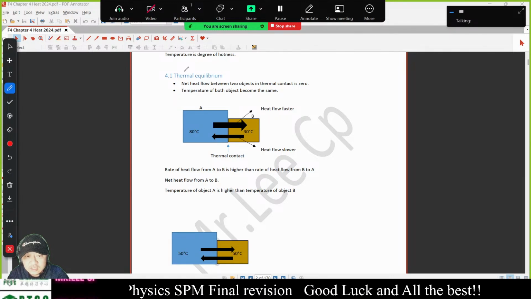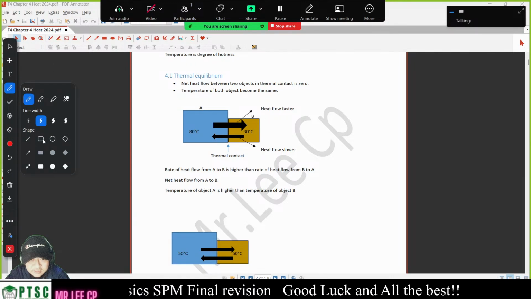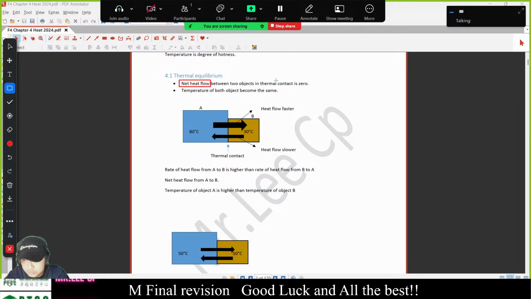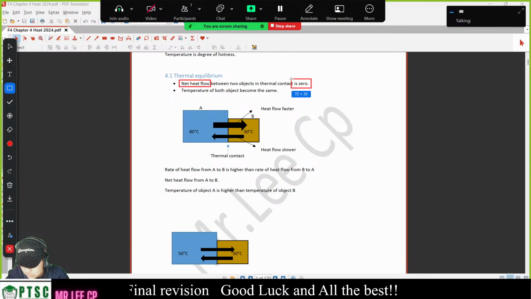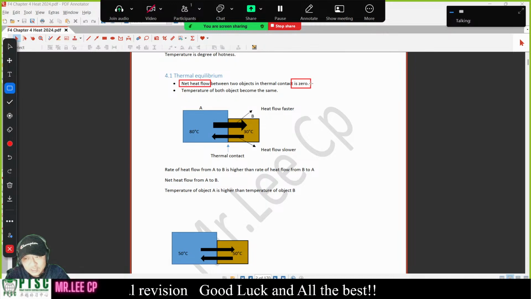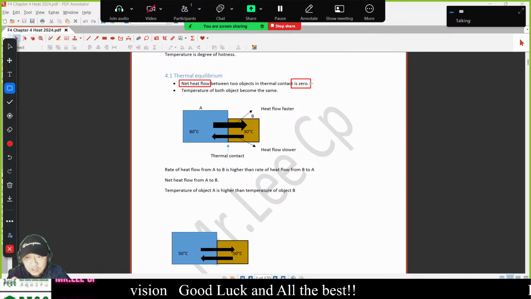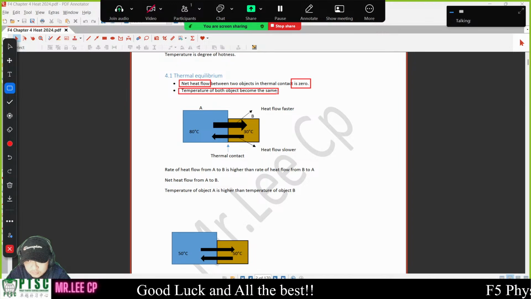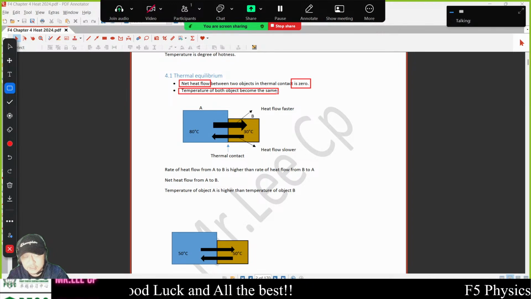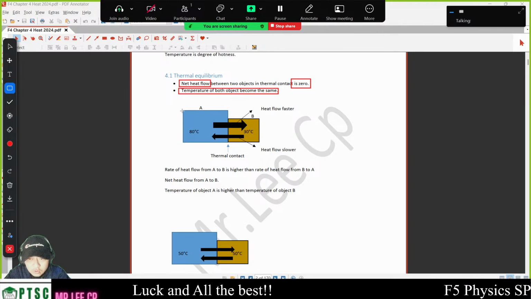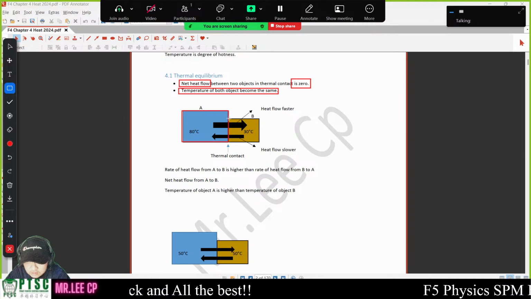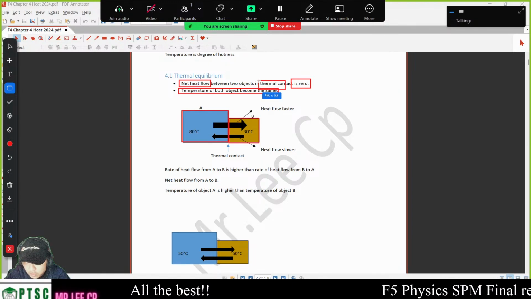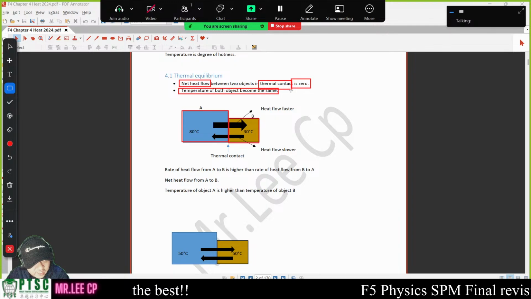The keyword for thermal equilibrium is net heat flow equal to 0. Net heat flow between two objects is equal to 0. This is the one that you must write. During thermal equilibrium, the temperature of the two objects must be the same. When one is hot and one is cold and you put them together, we call it thermal contact.